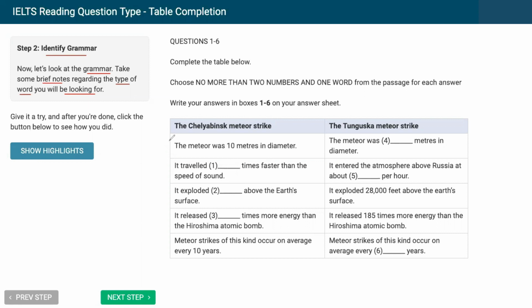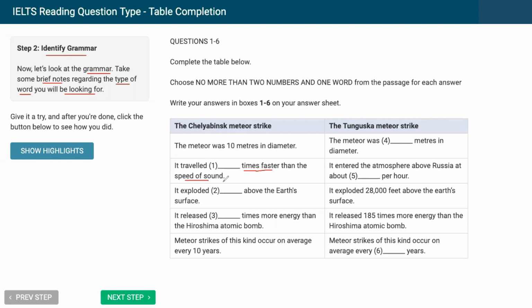So I'm just going to briefly read here. I see that a number, 10 meters, is located in the first column. Let's look at number 1. It traveled blank times faster than the speed of sound. So I see times faster than the speed of sound. So I'm looking for a number in this case, and it's going to be an amount of speed.